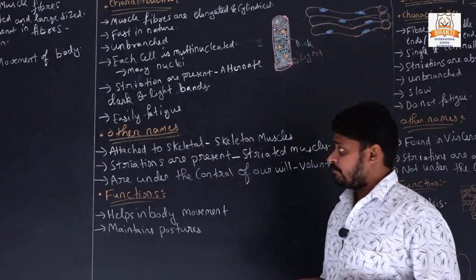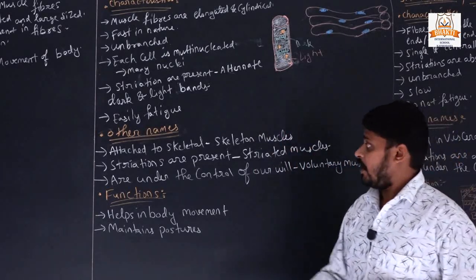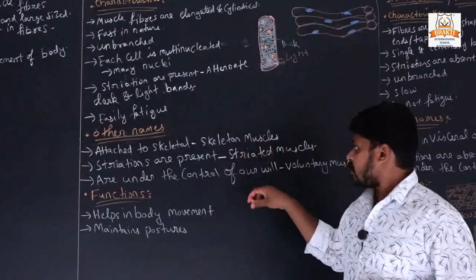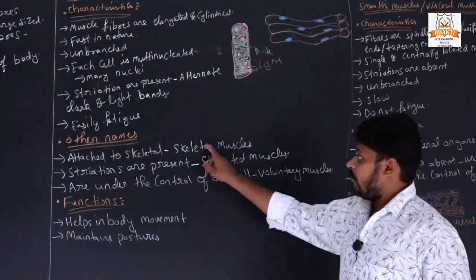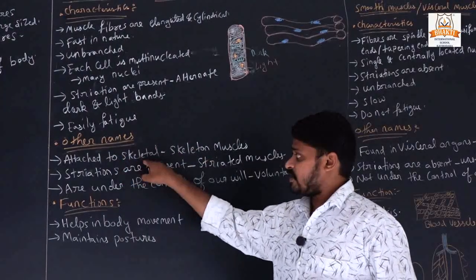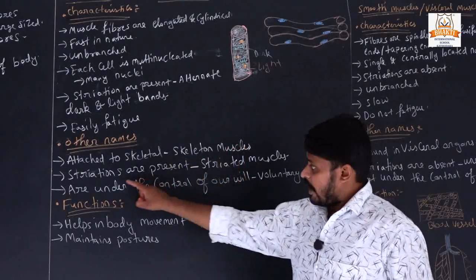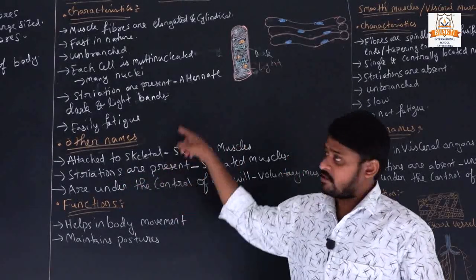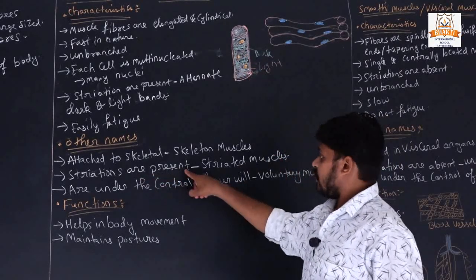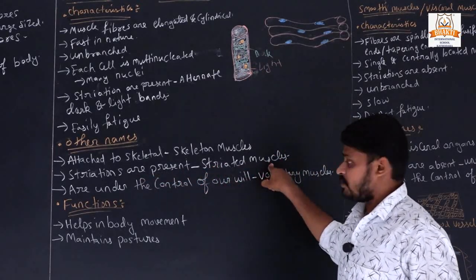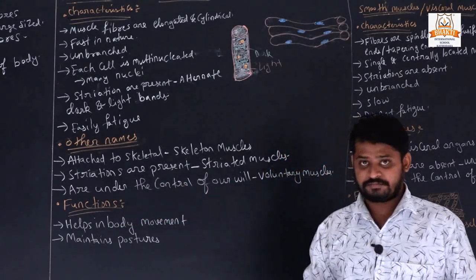The other names of skeletal muscles are striated muscles and voluntary muscles. Why? Because these muscles are attached to the skeleton, that's why it is also called skeletal muscle. And striations are present, that is why it is called striated muscle. They are under the control of our will.